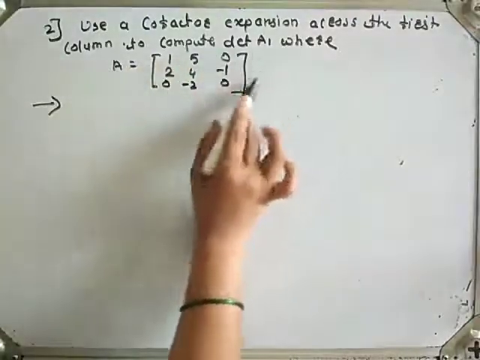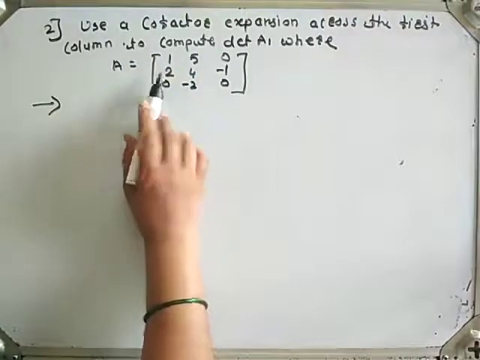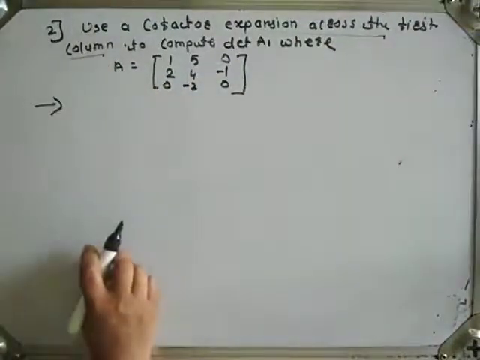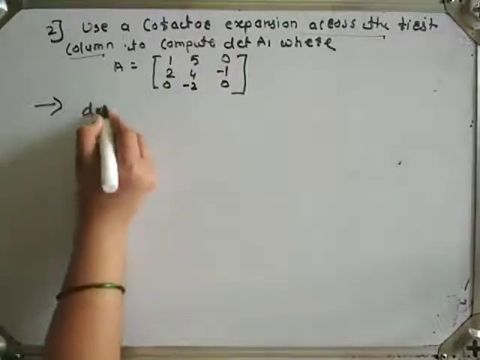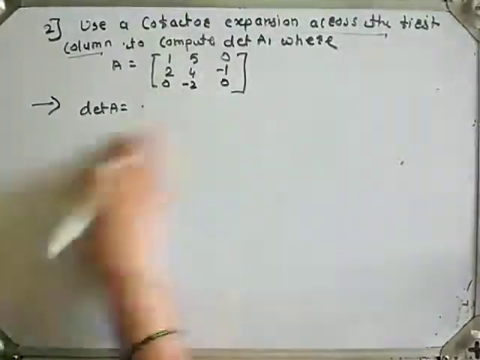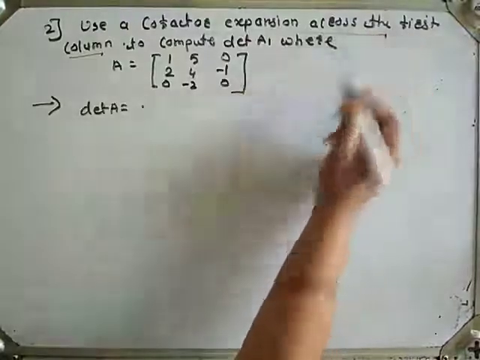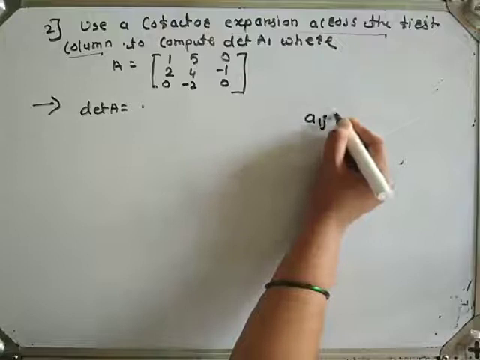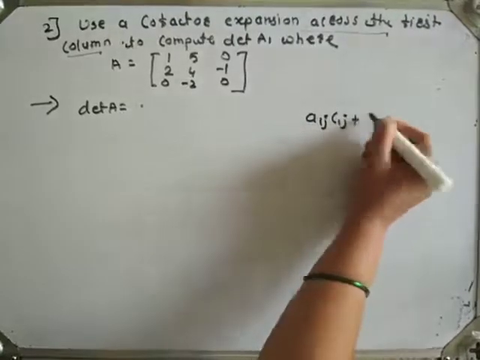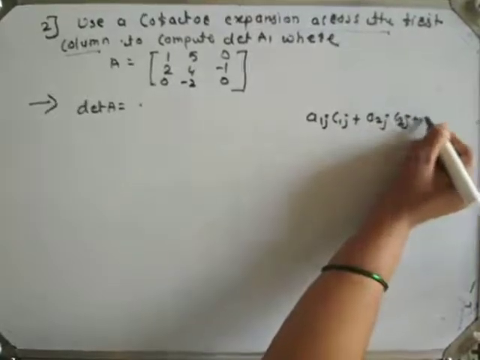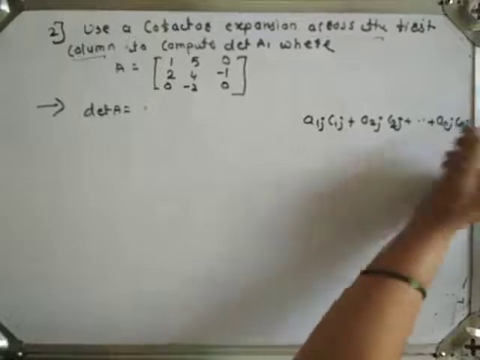In this problem we have to compute the determinant of A by using cofactor expansion across the first column. So the determinant of A is equal to, see here, cofactor expansion across the jth column is A1j C1j plus A2j into C2j plus and so on up to Anj into Cnj.